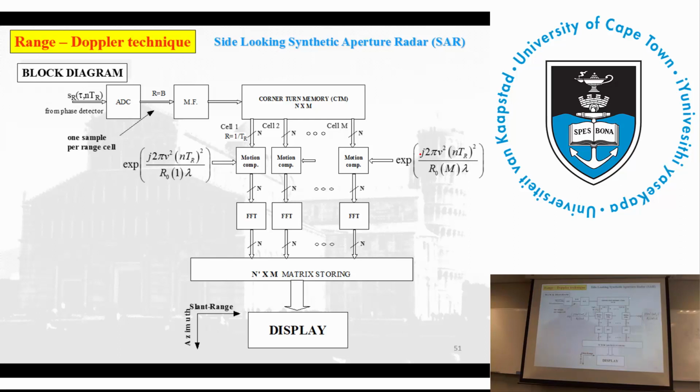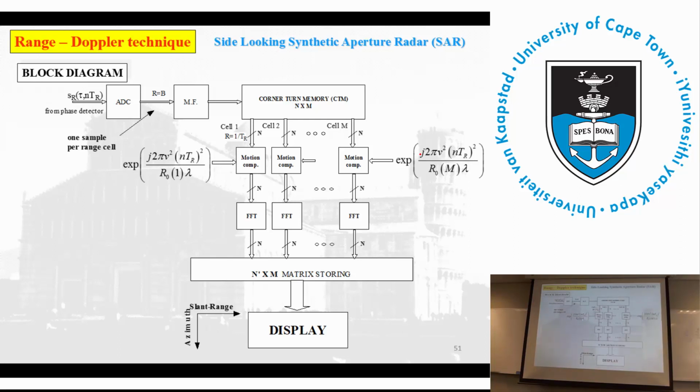They are put in columns here, with a length of N, where N is the number of samples that you have to process coherently. How do you get to N? If T_dwell is the amount of time that you coherently process your signal, and you multiply that by the PRF, or divide that by T_R, you obtain a number of samples. So N is obtained in that way.